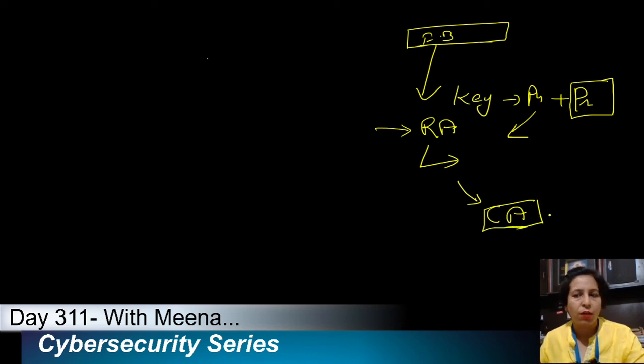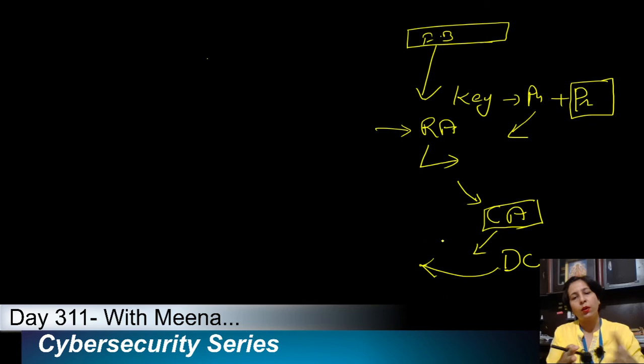Again the CA will review or cross-check the details provided by the user, and on the request they will generate the digital certificate. That certificate, which has the public key, will be used to make secure communication between the server or between the sender and the receiver.